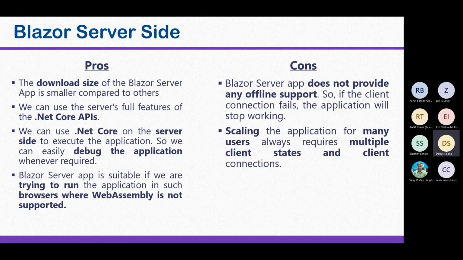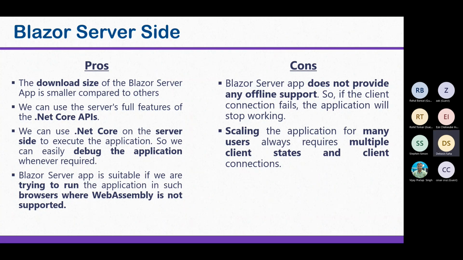Also, scaling the application for a large number of users is one of the technical problems for the provider company, because when a client uses any application in Blazor server side, we are basically using the server-side application state.